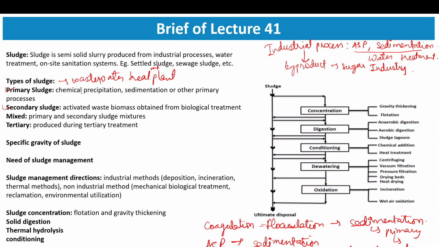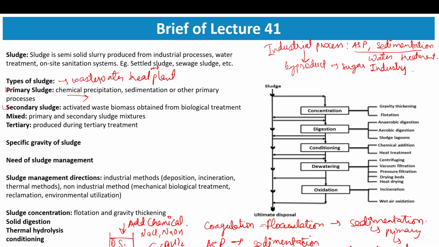Now, another type is sludge generated from primary processes like chemical precipitation, right? Chemical precipitation is a method where you have dissolved solids and you externally add some chemical, such as NaCl or NaOH.